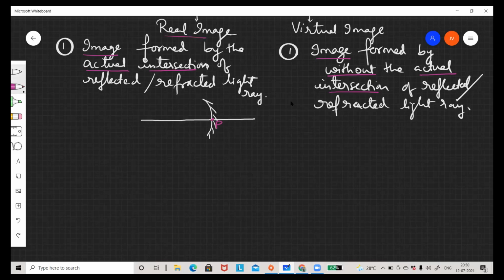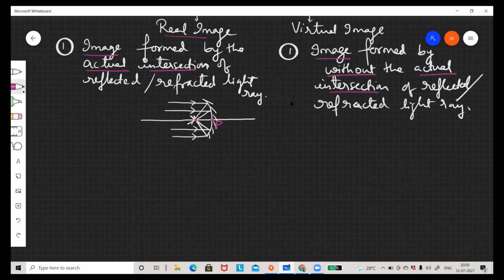So what is a real image? You see, when a parallel beam of light rays falls on this concave mirror, then after reflection, these incident rays converge to a point on the principal axis that is called the principal focus.